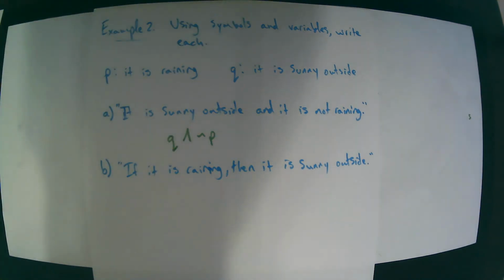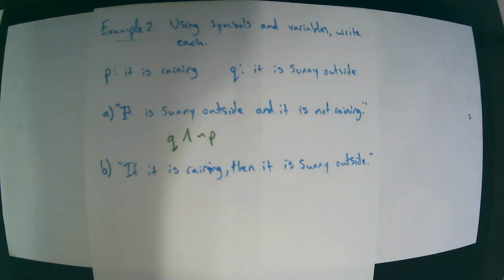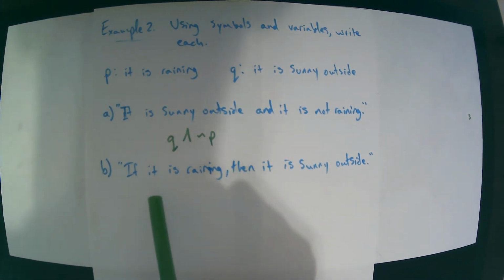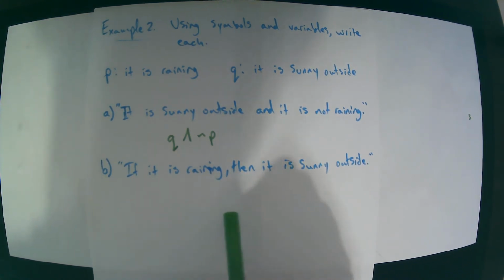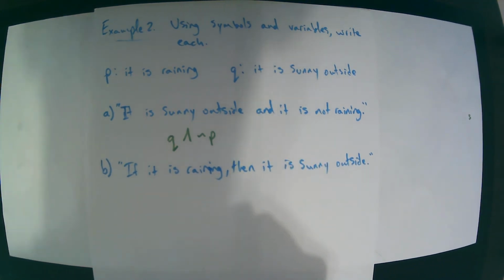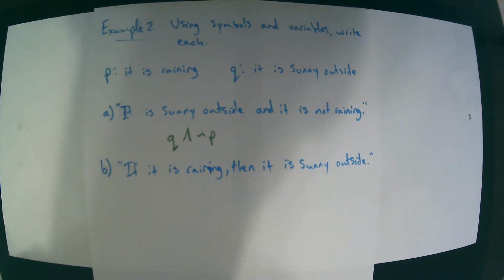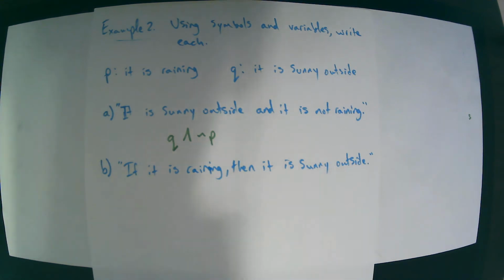So, an if-then statement is going to be the arrow symbol. So this statement could also be written as, it is raining implies that it is sunny outside. That's a little weird though. So it's written as an if-then statement.